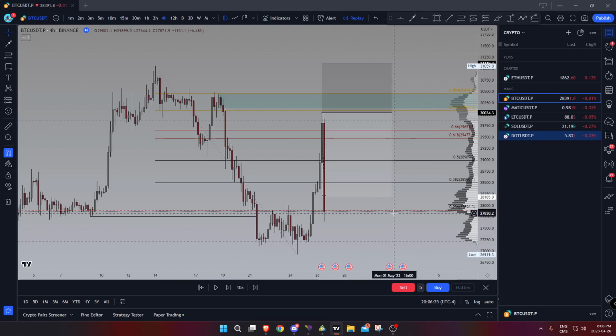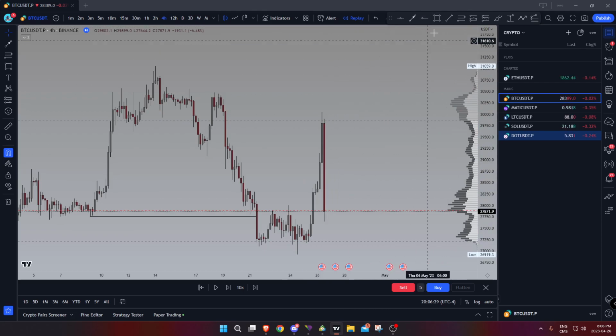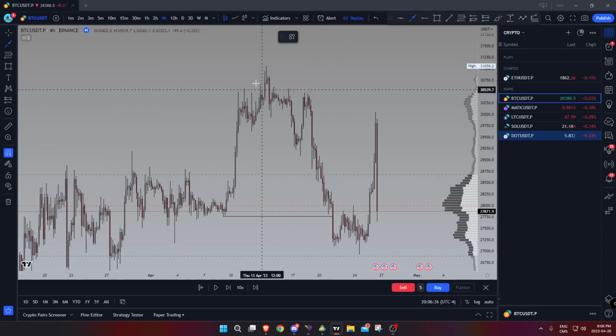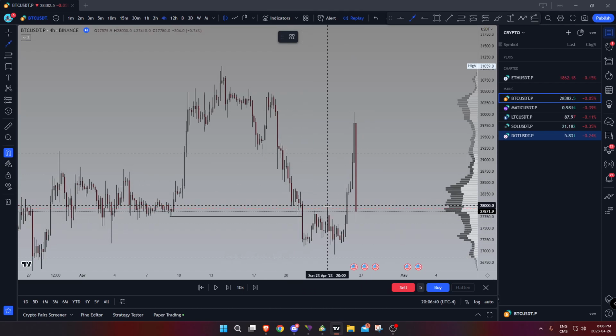Why? Because let's just remove this fib tool and this play. Here we got our structure, and we got a break of structure there.